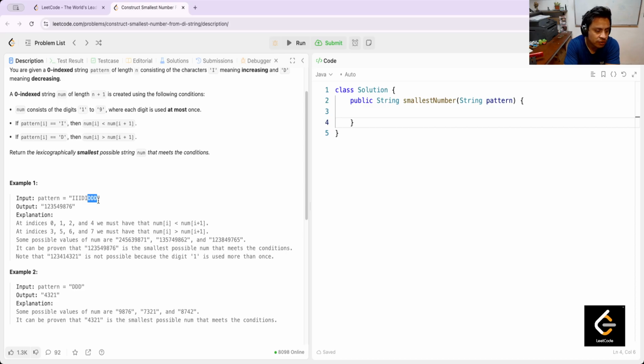Some possible values of the number are these, and this one is the smallest possible number that meets the condition. The other is not possible because one is.